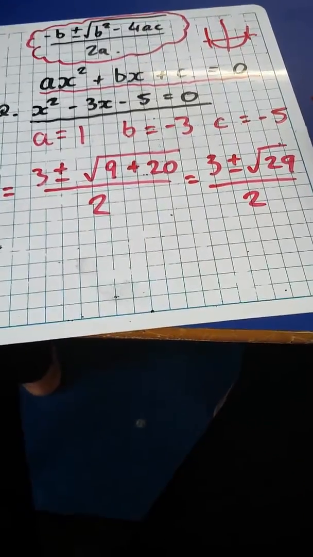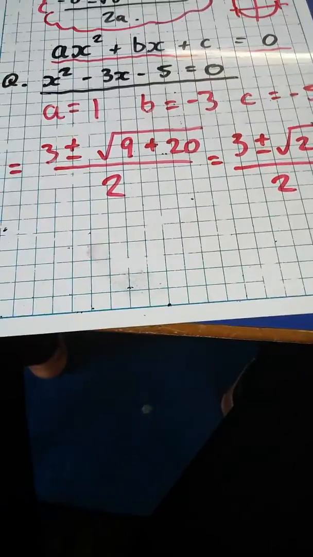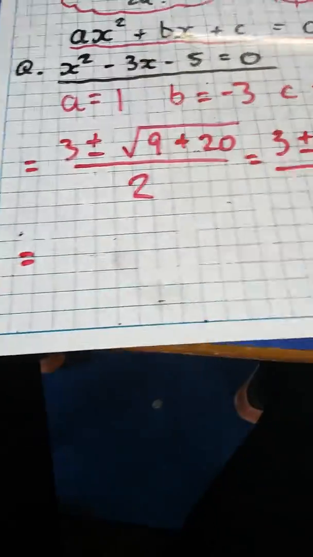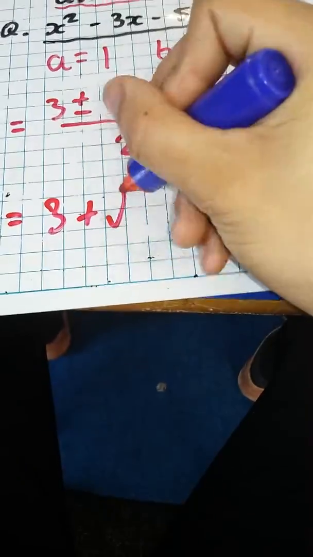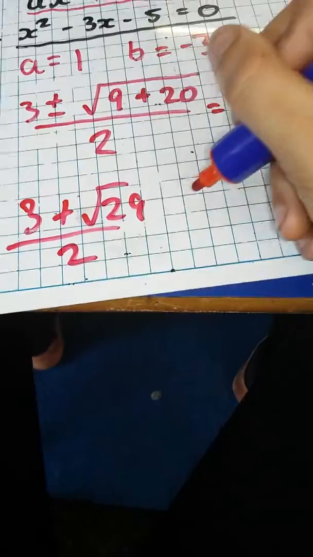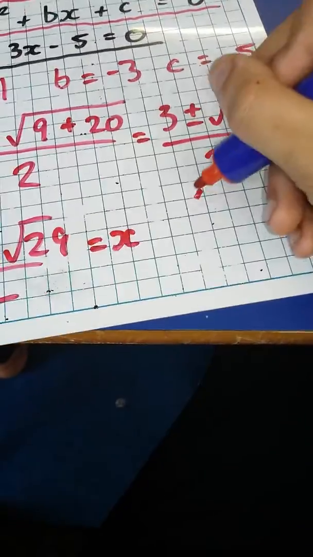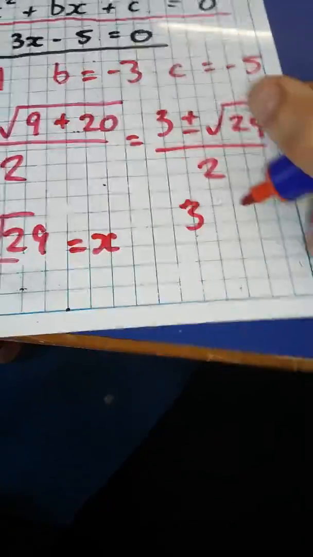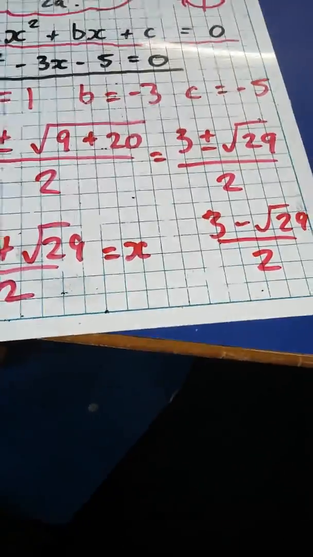Okay. So, coming back to our question, we've got 3 plus or minus root 29 over 2. So first of all, in our calculation, we could do 3 plus root 29 over 2. And your other value of x would be 3 minus root 29 over 2.